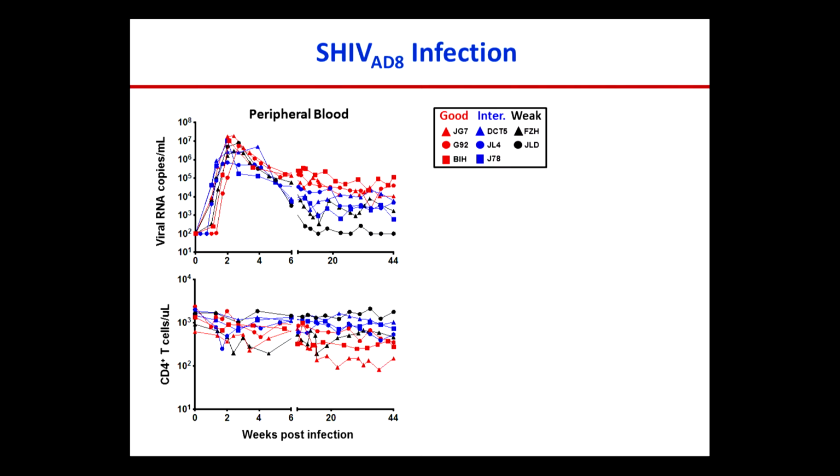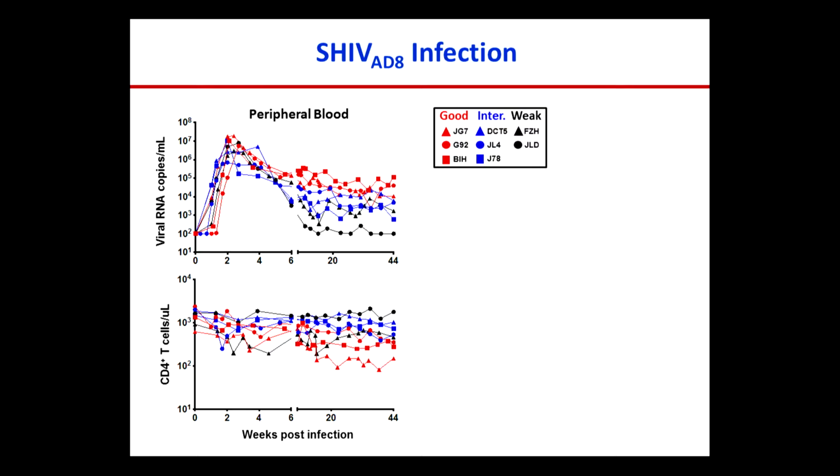The first thing we looked at is just viral load and CD4. Interestingly, the monkeys that developed the best neutralizing antibodies had the highest viral loads and the lowest CD4 count. So these were the sickest monkeys, but they had the best neutralizing antibody response.